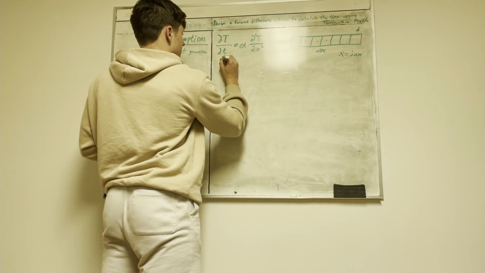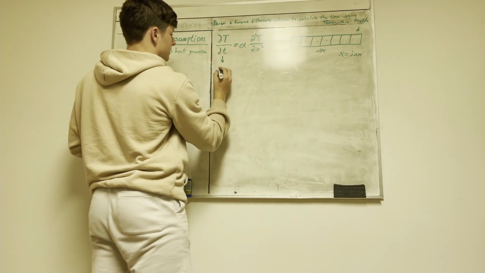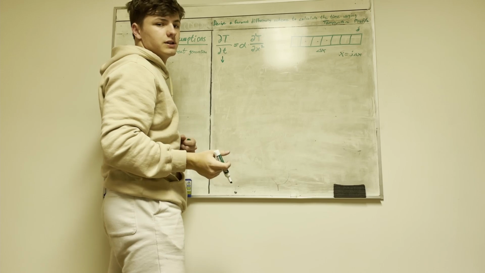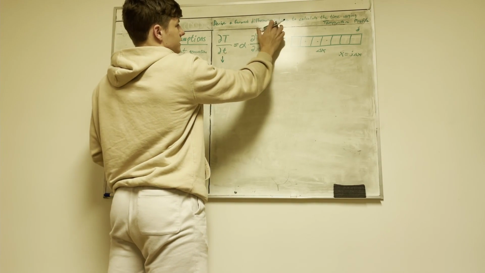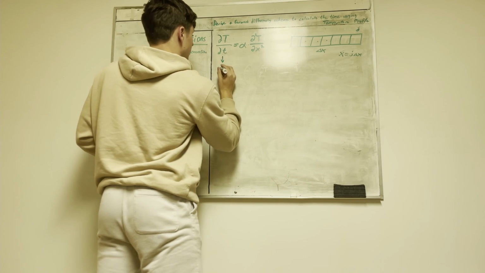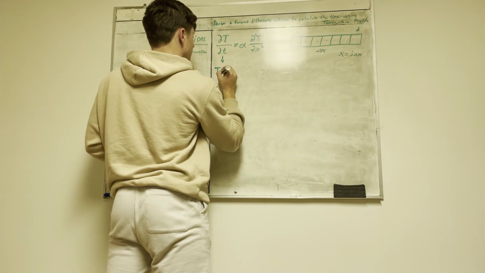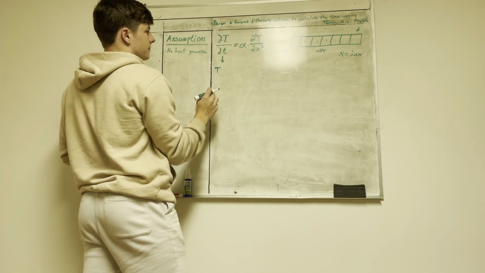So first we'll take the derivative of this, and we're going to use a finite differencing approximation to solve this and to get that differencing scheme we're talking about. So first we'll do our temperature with respect to time.